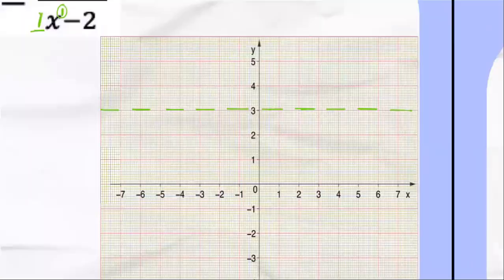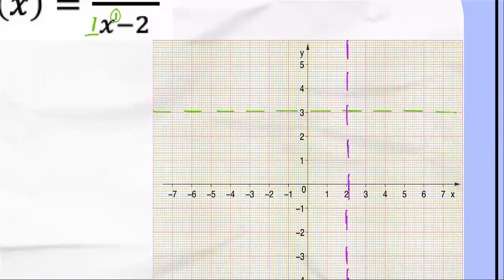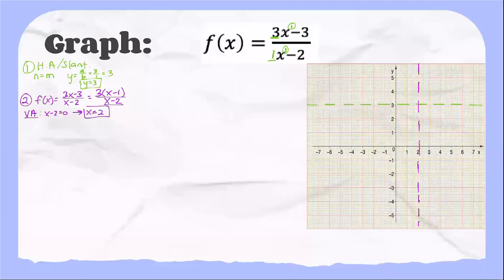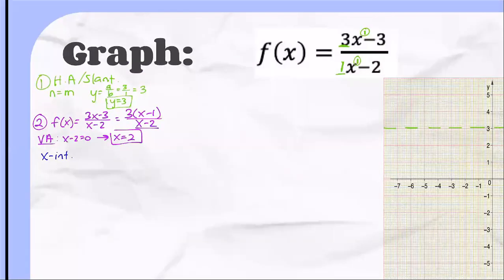All right, so I'm going to come over here. X equals 2 is going to be the vertical line at 2. So I know I'm going to have an asymptote there as well. Okay, now I'm also going to calculate my x-intercepts. So remember, x-intercepts are anywhere that the y equals 0.